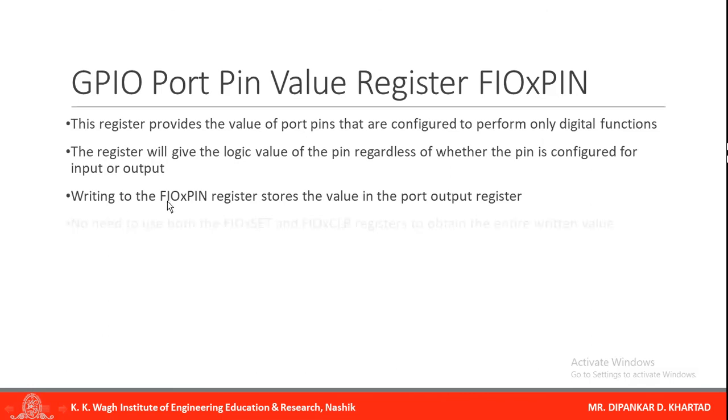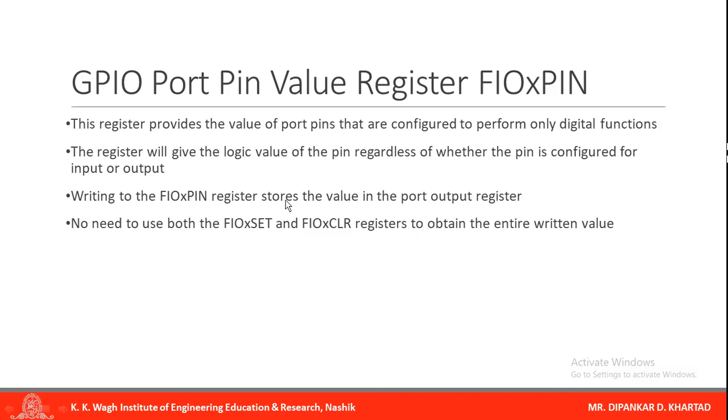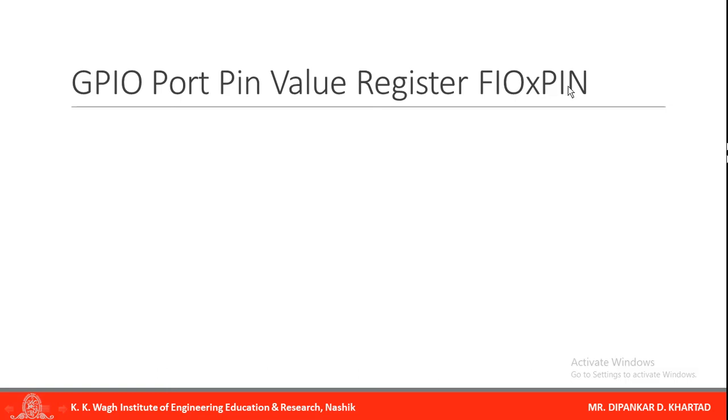Writing to the FIO pin register stores the value at the port output register. There is no need to use both the FIO set and FIO clear registers to obtain the entire result. So simply by using FIO pin you can set or reset.